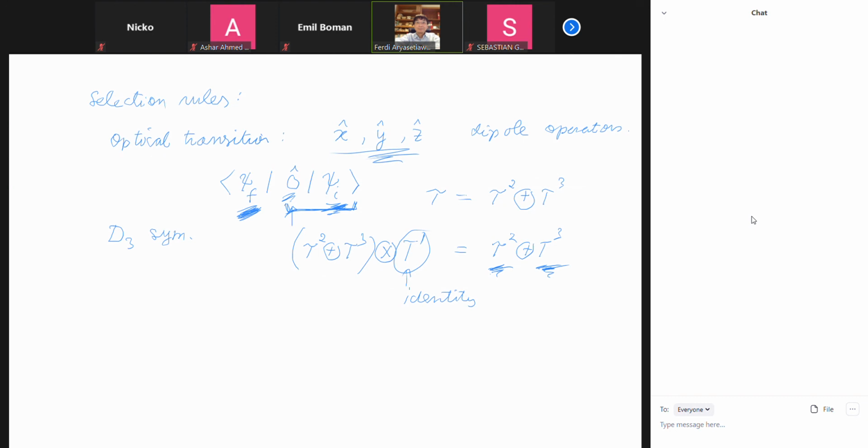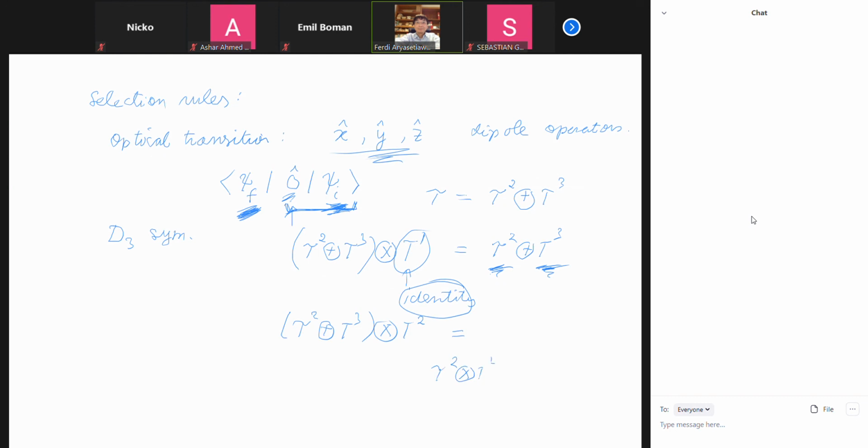If the initial state does not transform according to the identity, so let's say that it is something else. Let's say it transforms according to different states. Let's say T2. Then we just have to figure out what is the T2 times T2.